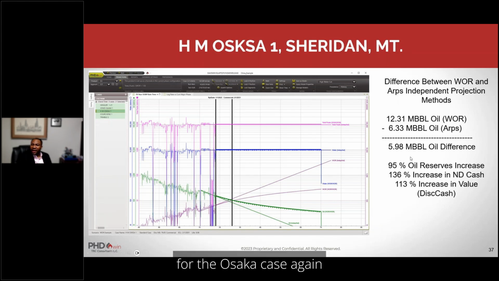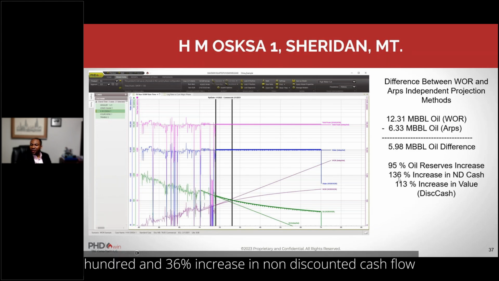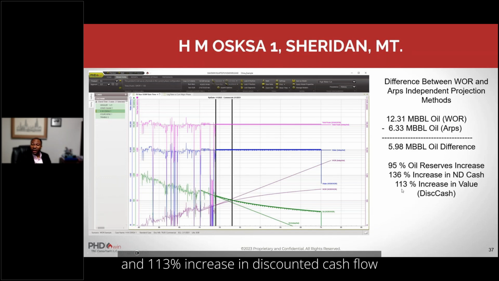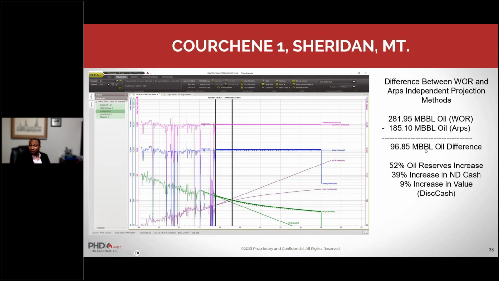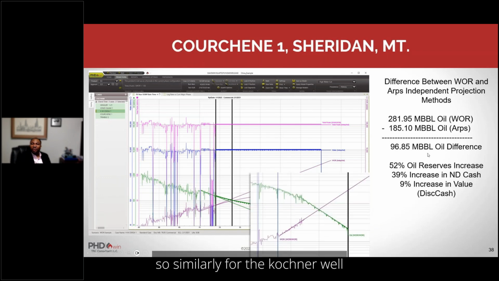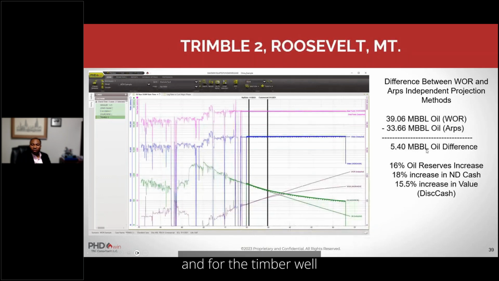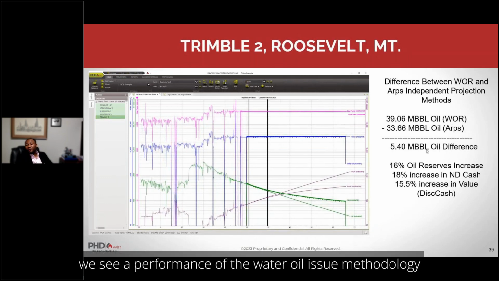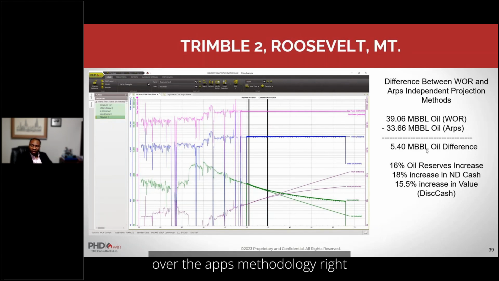For the Osaka case, again, we see a 95% increase in oil reserve, a 136% increase in non-discounted cash flow, and a 113% increase in discounted cash flow. Similarly for the Cochin well and the Trimble well, we see the water oil ratio methodology outperforming the Arps methodology, right?